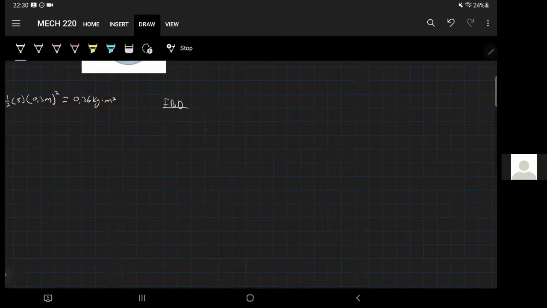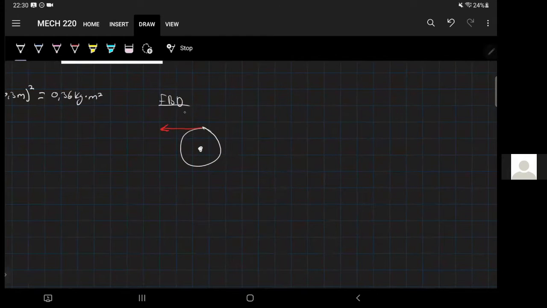And you have your circle that's pinned at O. And then you have some force here, which you know, it's going to be 1/4. All right, so this force here in red is going to be 1/4 theta squared.